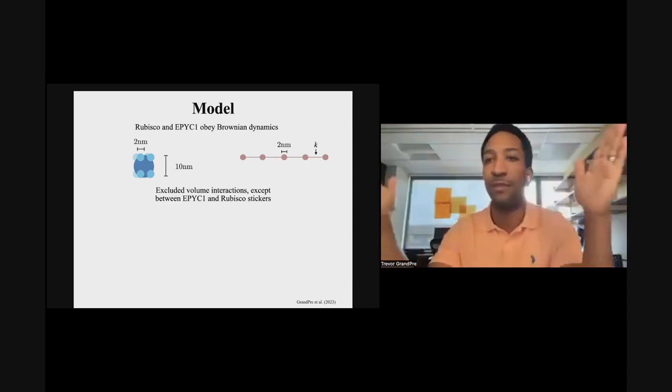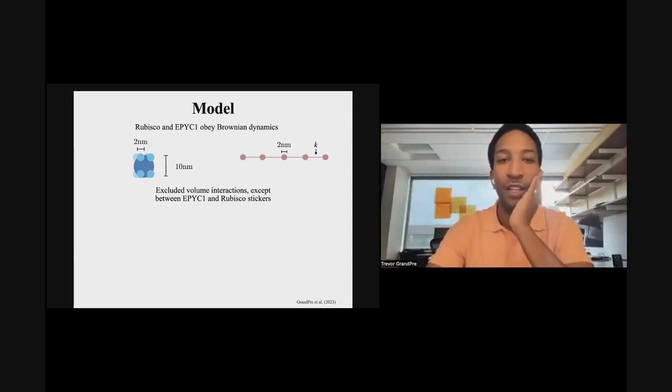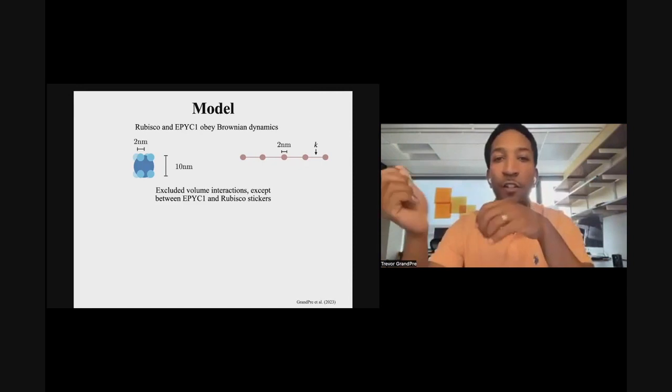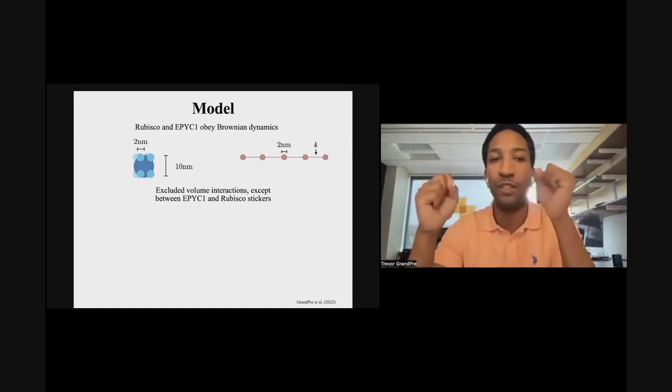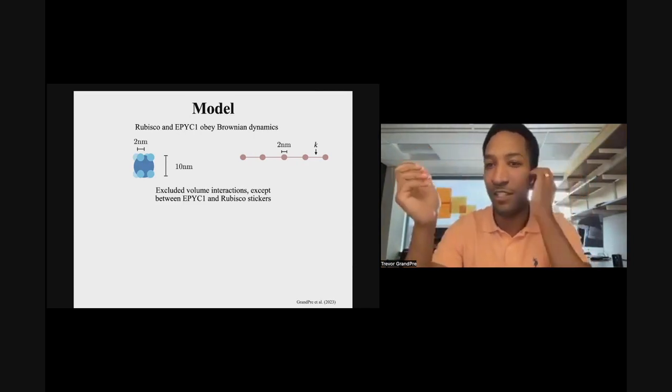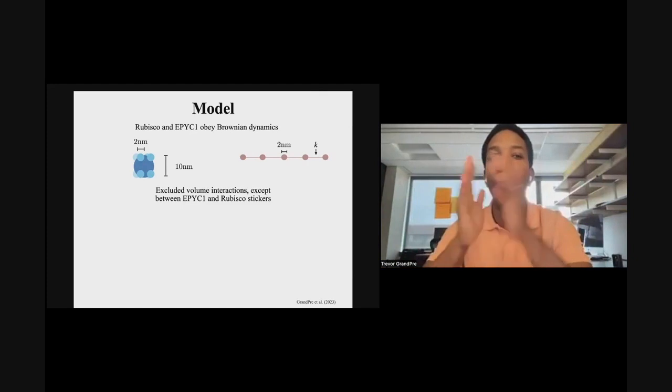A smaller spring constant means a larger linker length. And there's excluded volume between all elements except the cyan and the stickers, pretty much. The sticker interactions are okay between Rubisco and EPYC1, but everything else has excluded volume.